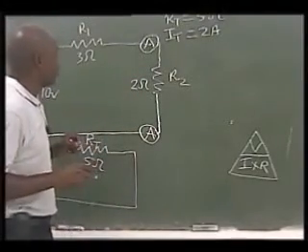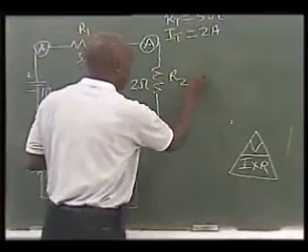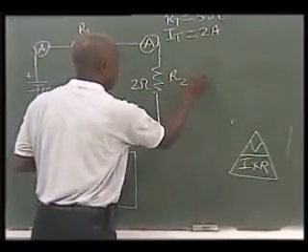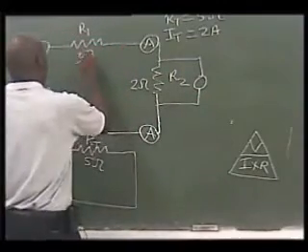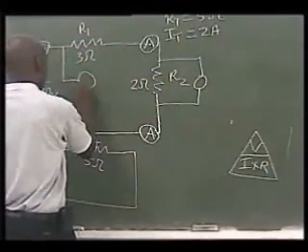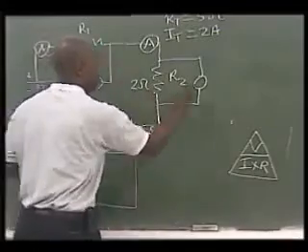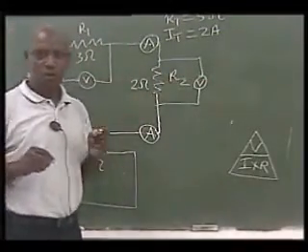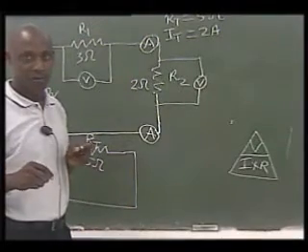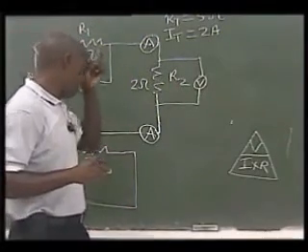Now, if I were to connect a voltmeter across this device and across this device, how much voltage will those devices read? That's what we're going to find out now.